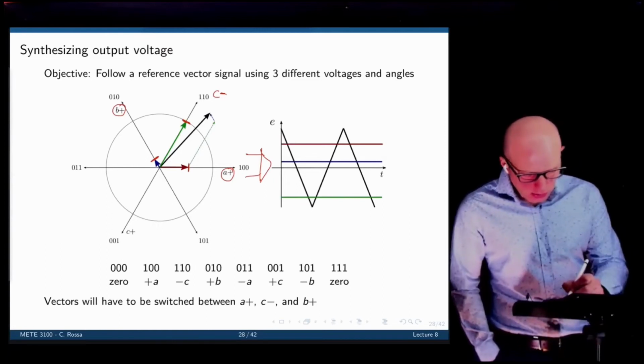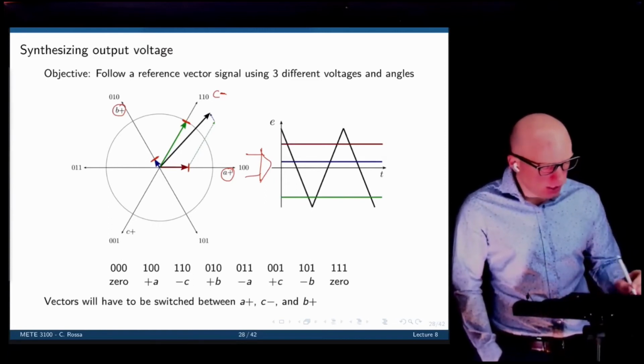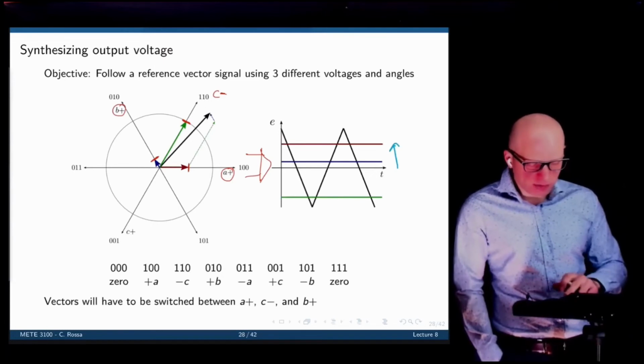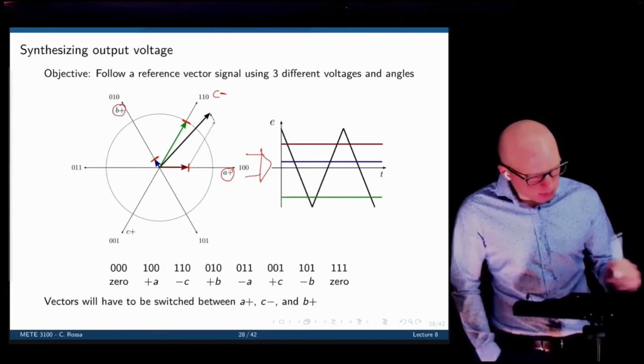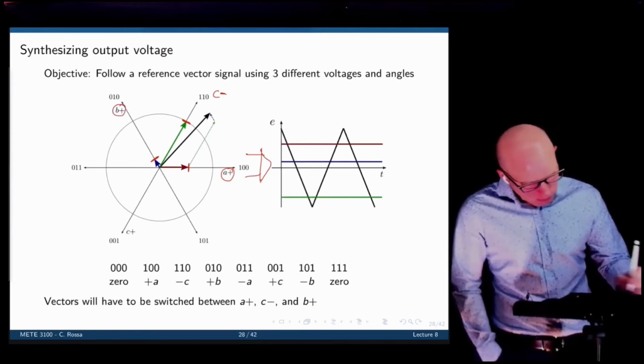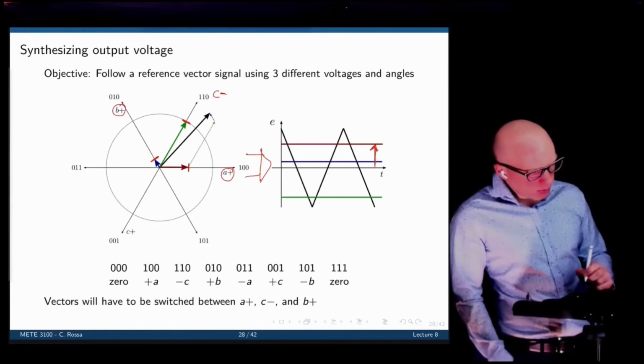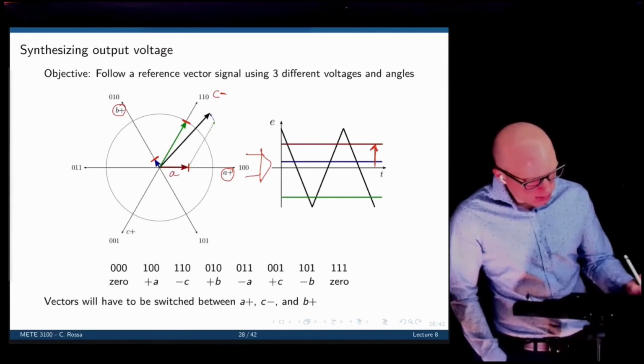Let's look at A, for example. A is positive, so it goes on the positive side. The distance from the y-axis is exactly this distance.